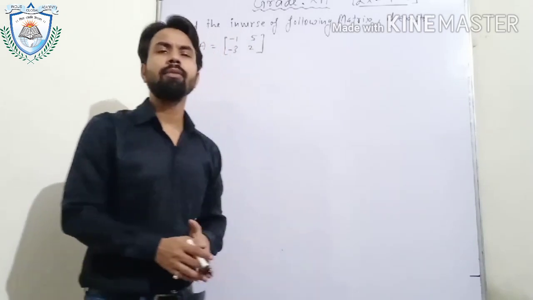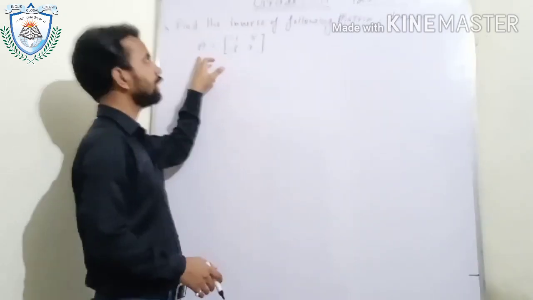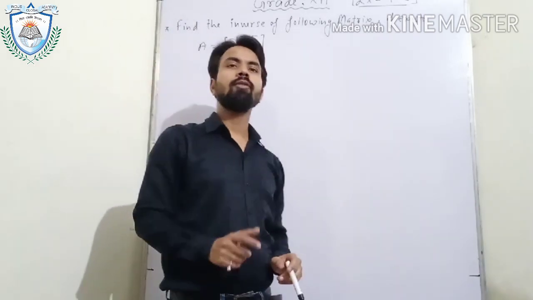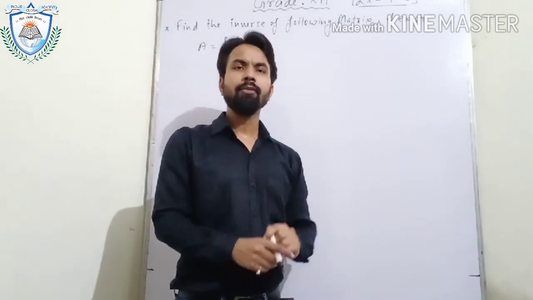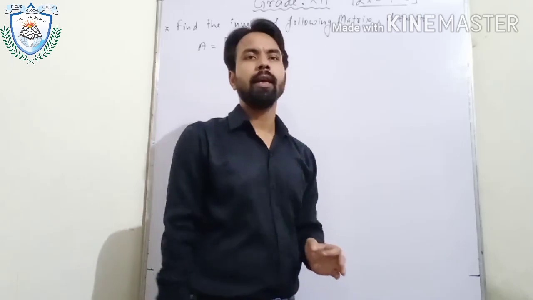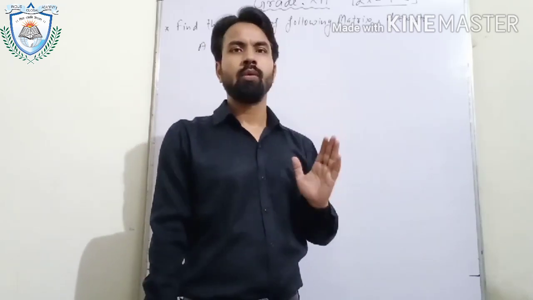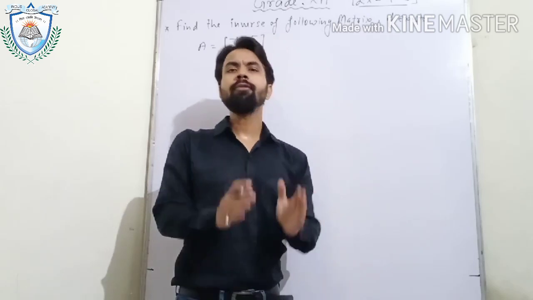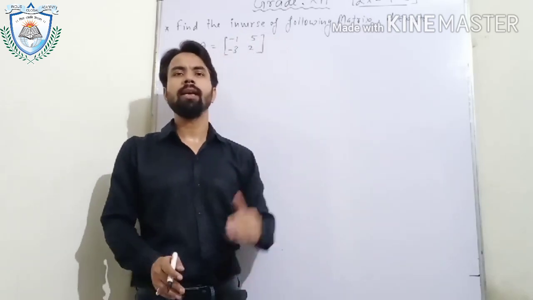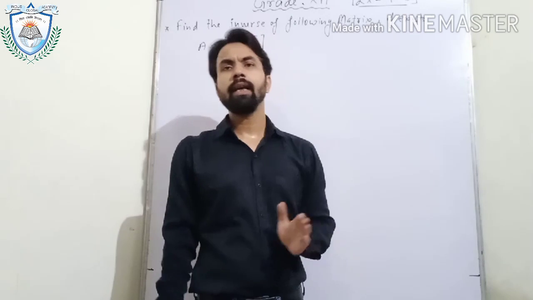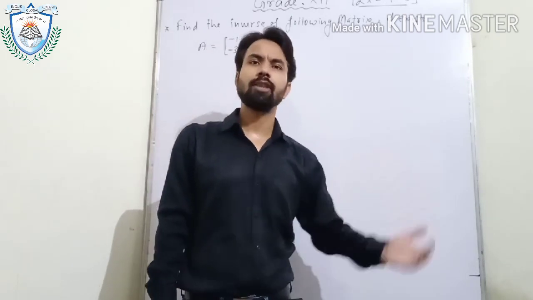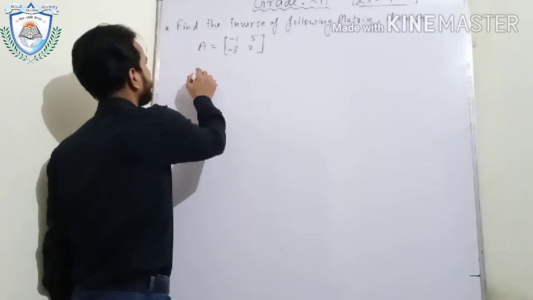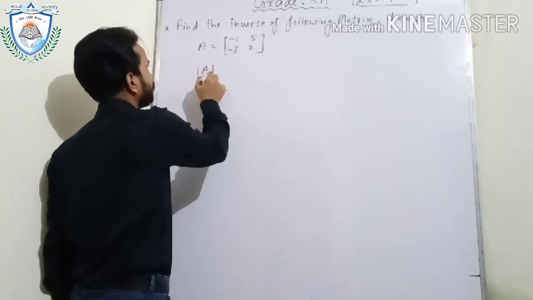For that we will have to find the value of the determinant of A. If the determinant of A is not equal to 0, then A inverse exists. If the determinant of A equals 0, then A inverse does not exist. Understood?